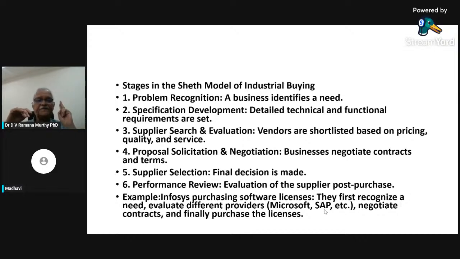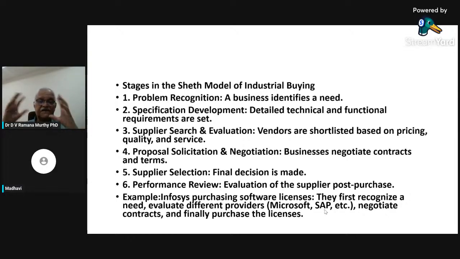Second, specification development. So you want a product, but then what type of product do you want, and how does it fit into your manufacturing? Of course, there are suppliers and suppliers supplying different types of relevant product or material for you. But detailed technical and functional requirements must be set. So this is called specification development.